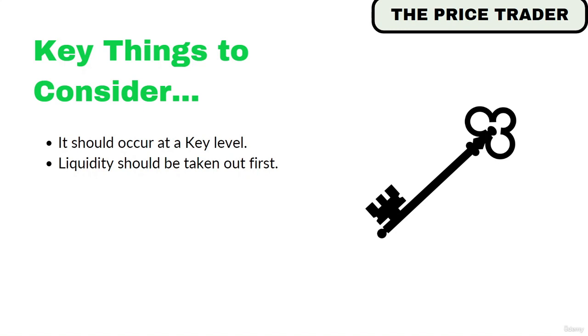You don't want to just say that the market is turning without really referencing where it has hit or if there's any form of liquidity that it has taken out. These are the two elements that you can use to determine a reversal in the market, and now you incorporate market structure to have a framework of how you can say that this market is either turning or it's continuing higher or lower.